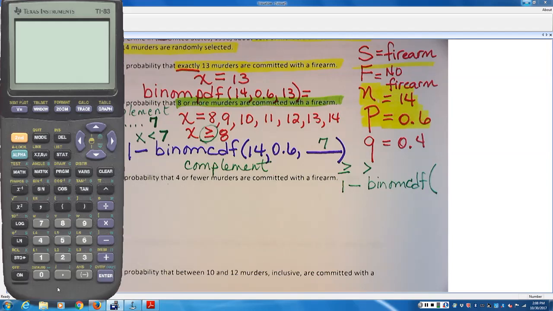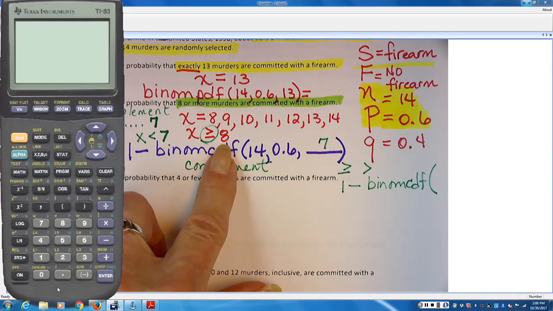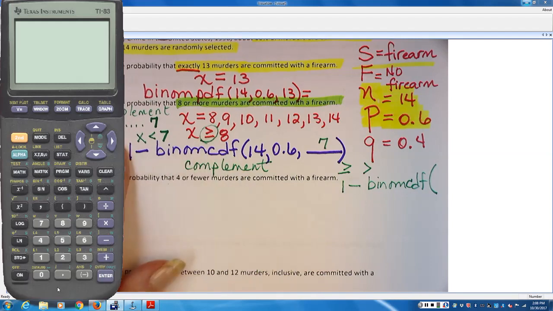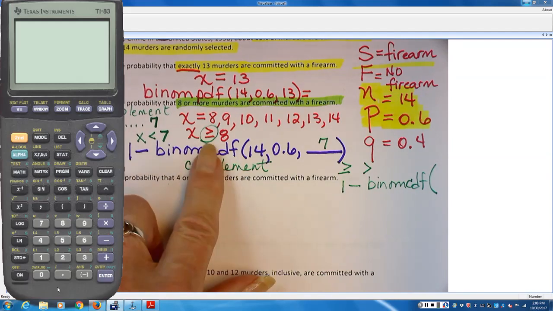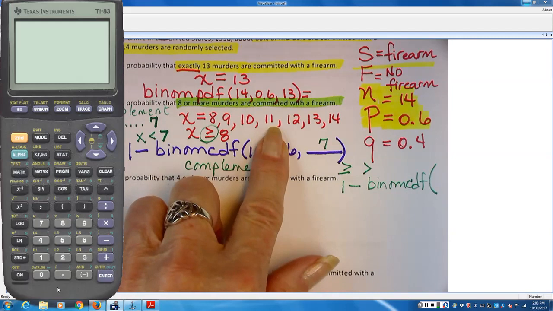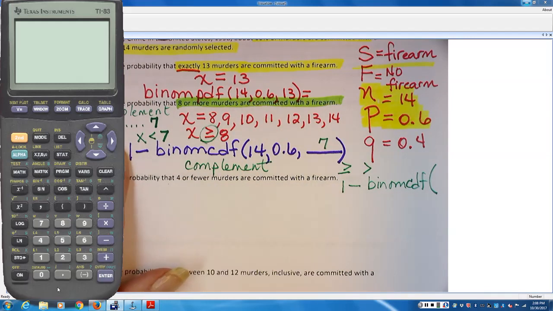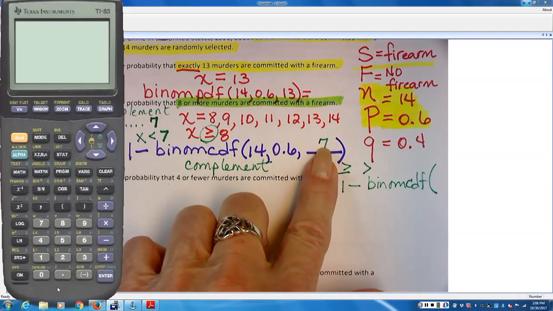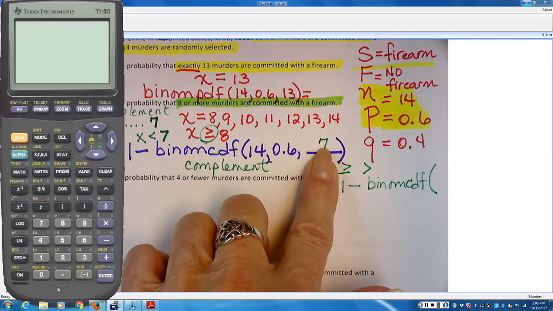The only thing you need to worry about is, is 8 included here or is it included in the complement? And that sign will tell you which way it's included. It's included in this, not in the complement. So that tells you the complement ended at 7. Okay? This is the part where y'all are going to have to practice.